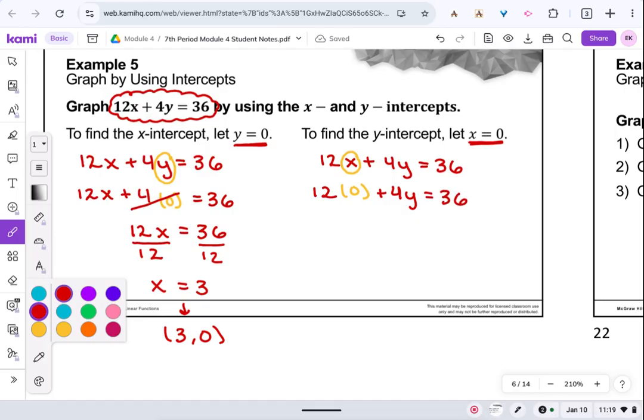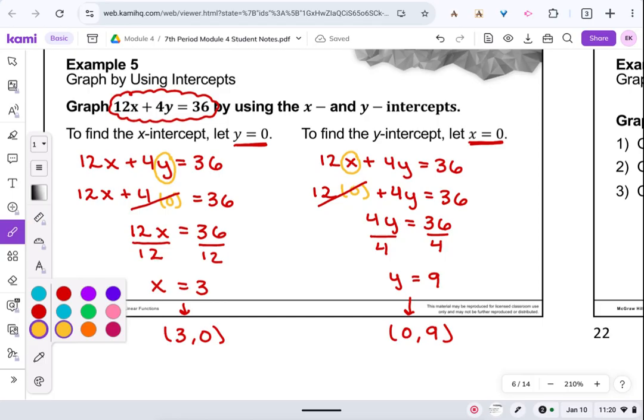Now the beginning stuff cancels out. 4y equals 36. Divide by 4, and we get y to be 9. If we want to write that as an ordered pair, it's going to be 0 first, then 9.